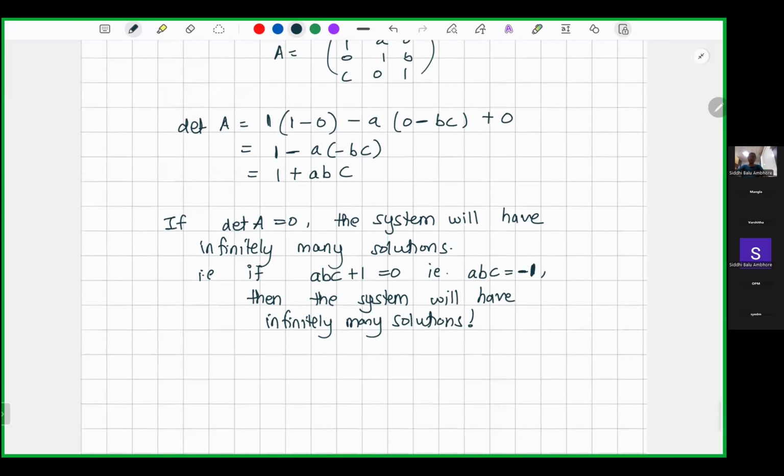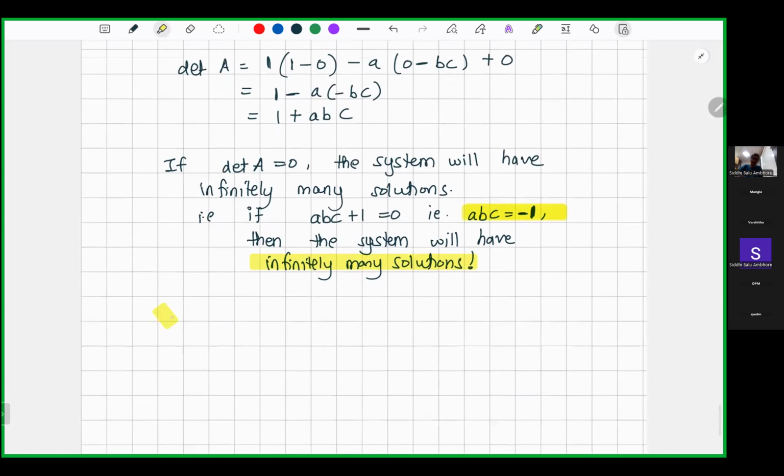Is this okay? So the condition under which I get infinitely many solutions is when ABC is minus 1.